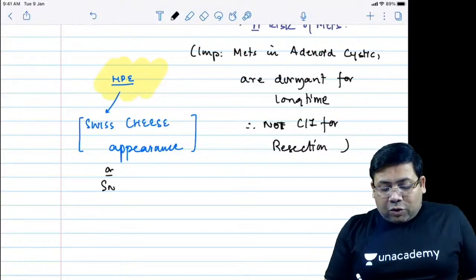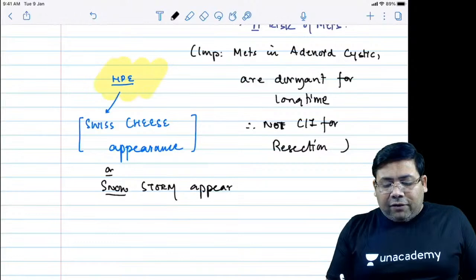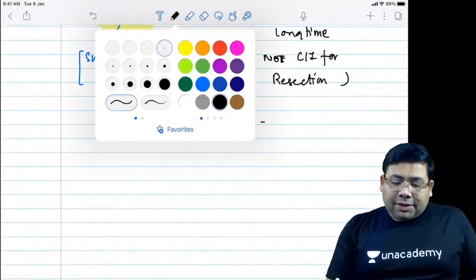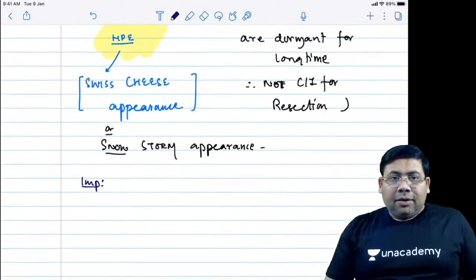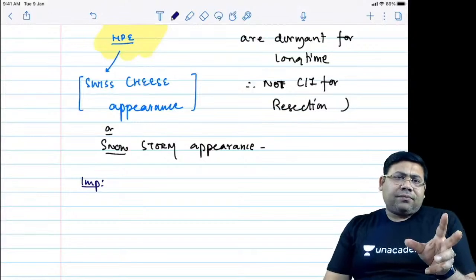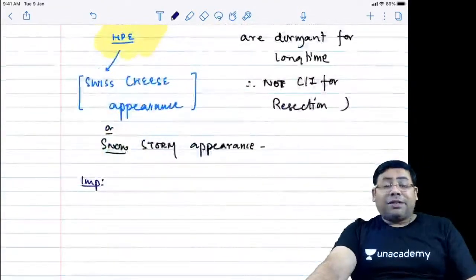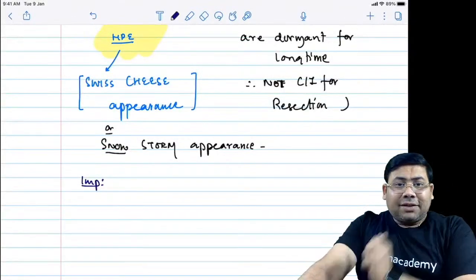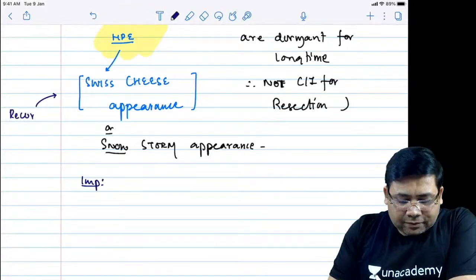What else is again very important? Apart from this cylindromatous tumor, or adenoid cystic tumor, where else do you get the Swiss cheese appearance in salivary glands? Can you tell me? Let's say recurrent childhood parotitis.